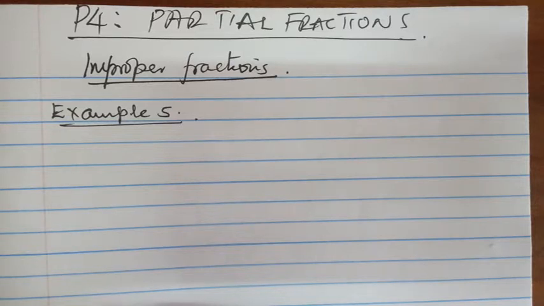In this video I want us to look at example 5 of topic number 2 of Pure Mathematics 4. Incidentally, this happens to be the very last example in that topic, partial fractions.